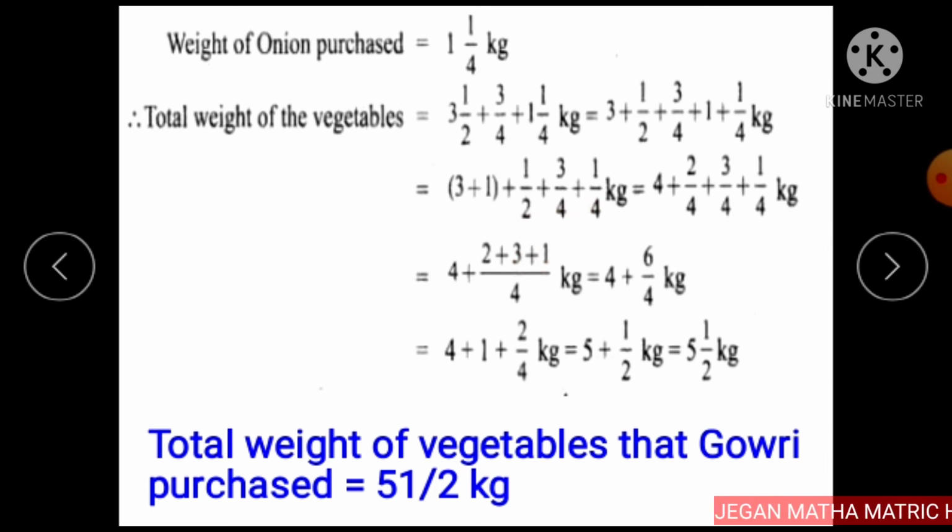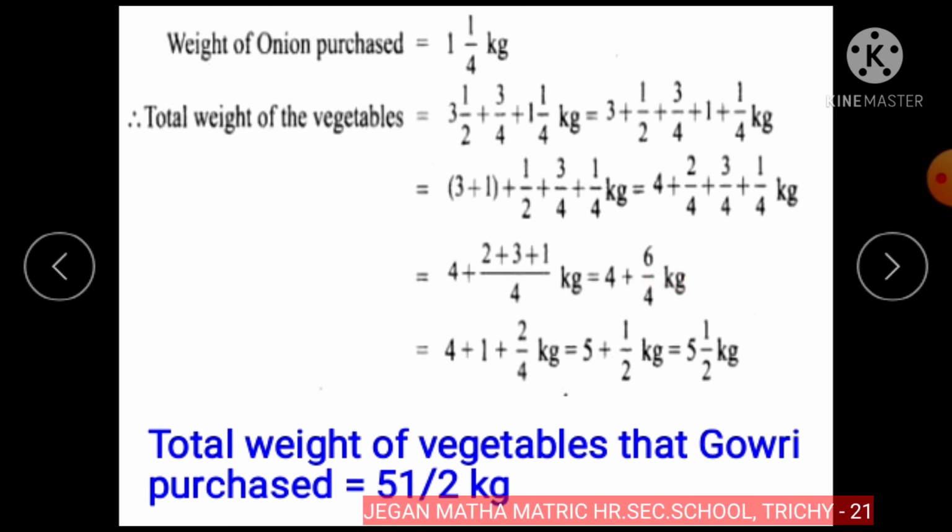So 1 by 2 becomes 2 by 4 and 3 by 4 stays as 3 by 4. 1 by 4 stays as 1 by 4. Now we get the same denominator 4 for the fractions. So now we add numerators only. So 2 plus 3 plus 1 by 4 equal to 6 by 4.